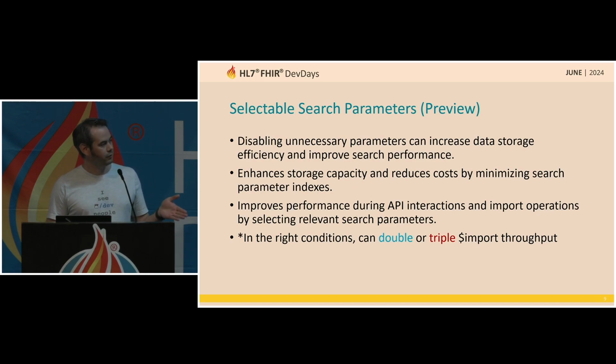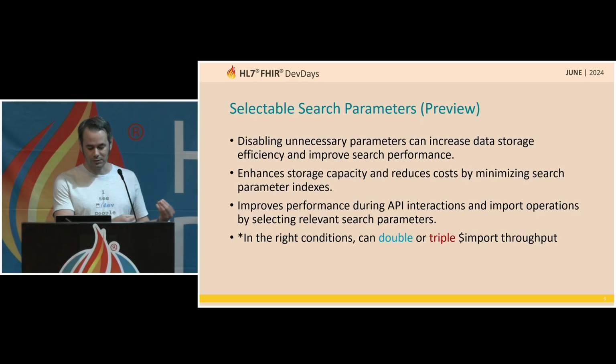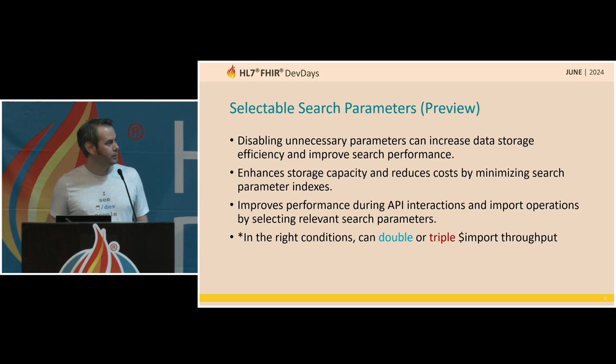By turning off the unused search parameters that you might never use, you have more efficient search, and even import, because it's writing so many fewer records, can double and sometimes even triple that already big number. So yeah, we're quite excited about this one as well.